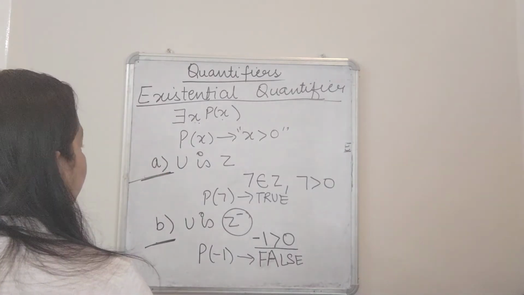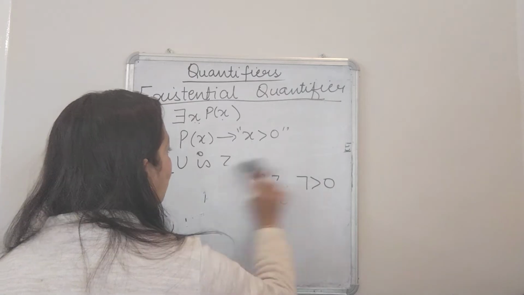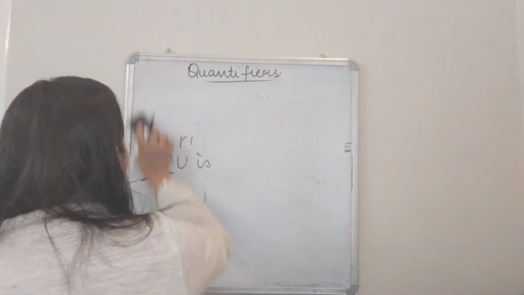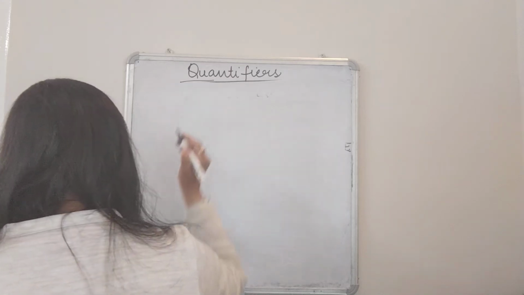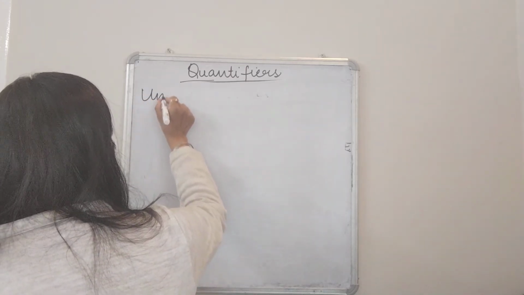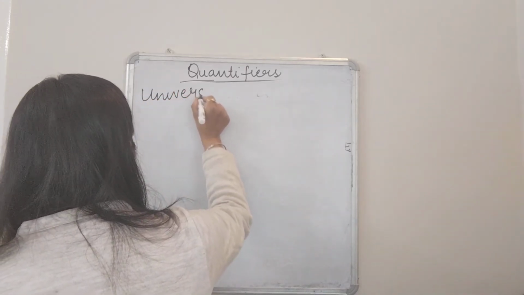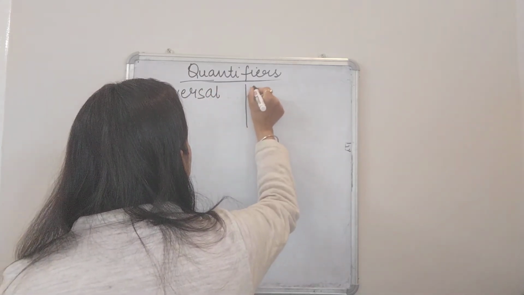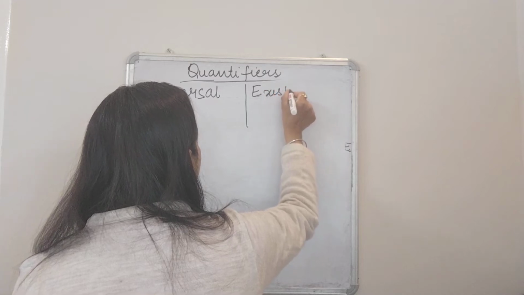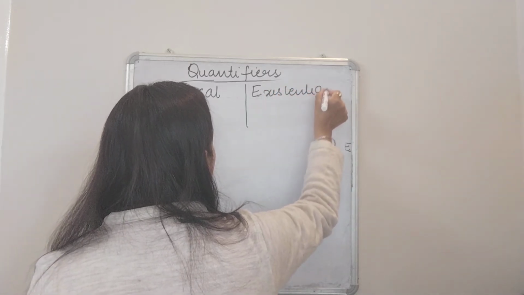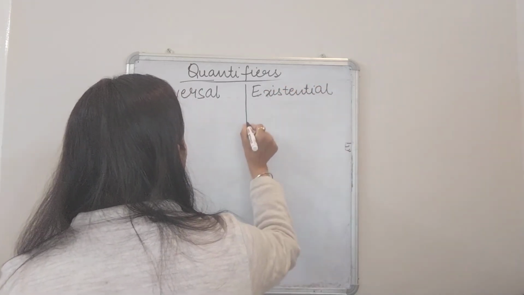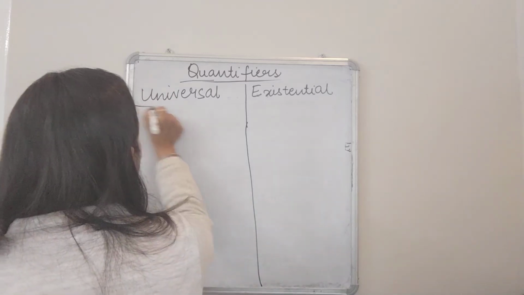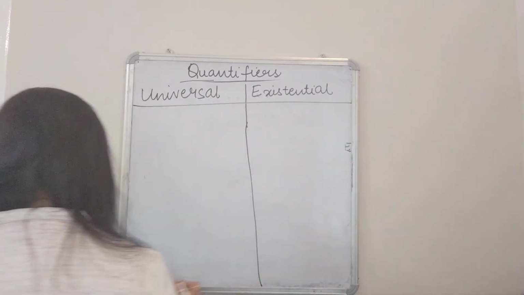Now through a table we will see the difference between these two quantifiers. So we have the universal quantifier and the existential quantifier. What are the major points of difference between these two?